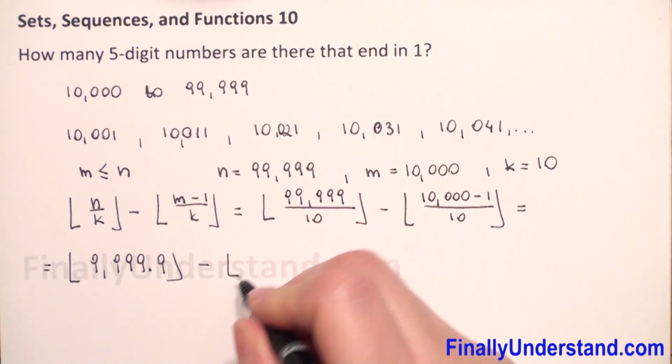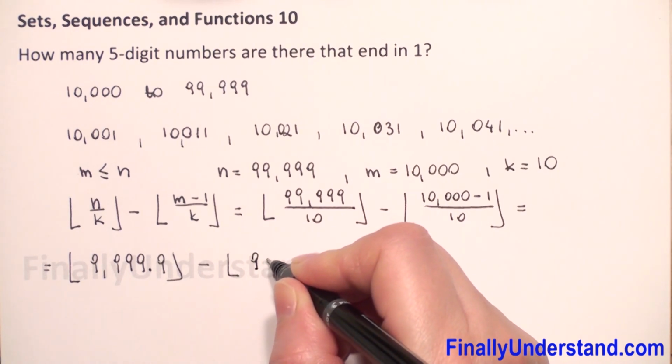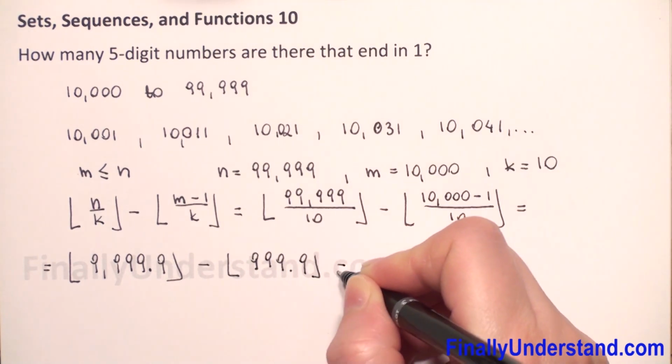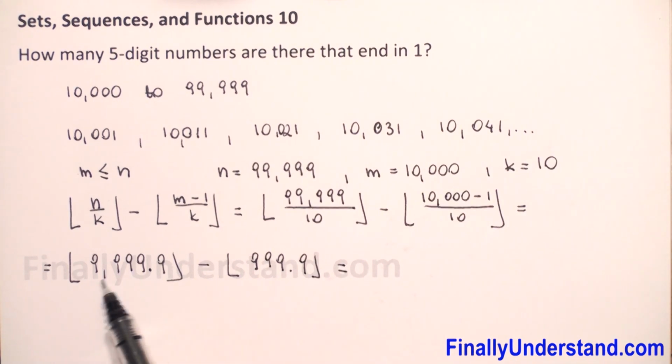So this is equal to 999.9. And now we have to take the floor of these numbers. Let me remind you, what is the floor of a number? The floor of a number means that we have to find the largest integer less than or equal to this number.